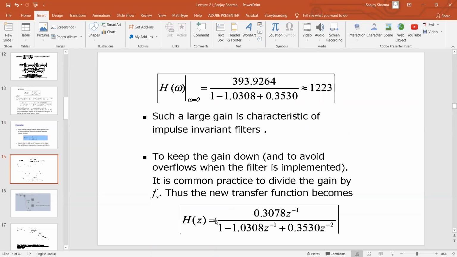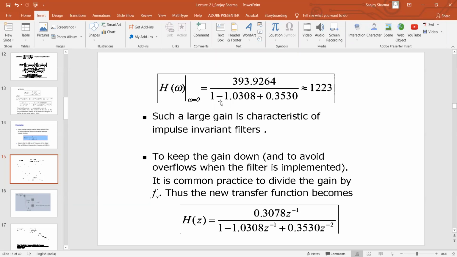Now from here, you can also find out the DC gain of the system. How will you find the DC gain of the system? You replace every z with e to the power j omega. Once you do that, and then you put omega equal to 0, you will get the DC gain. So that is what is calculated here.